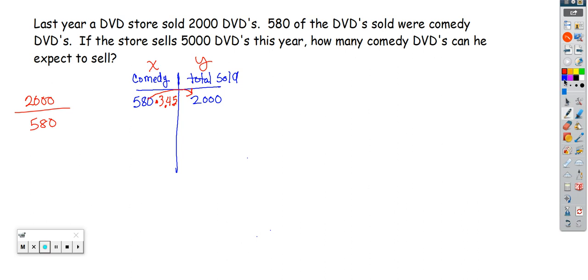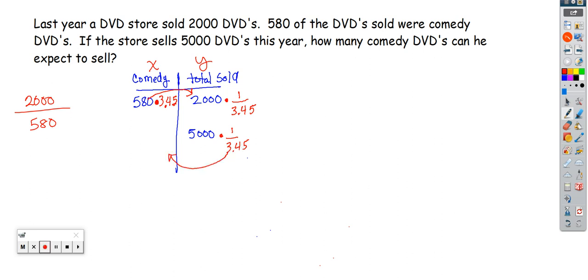Okay, the question is, if the store sells 5,000 DVDs total this year, how many comedy DVDs can they expect to sell? Well, remember, if we multiply to get from X to Y, then we divide, and we always say by the reciprocal, but that's really, we multiply by the reciprocal to get back the other way, right? So we're going to go like this to get back over here.